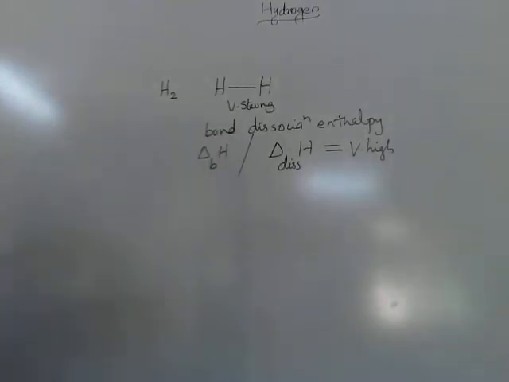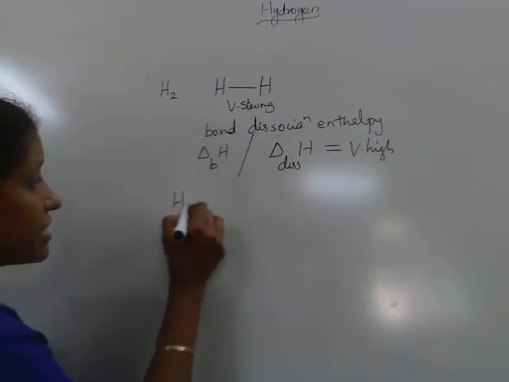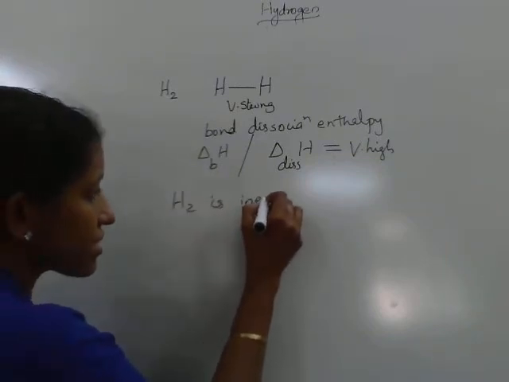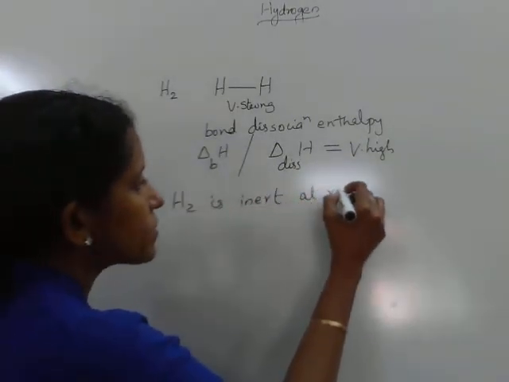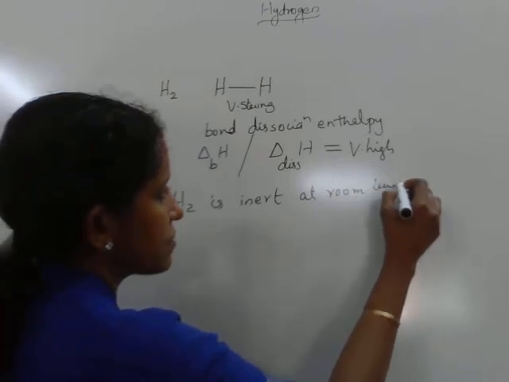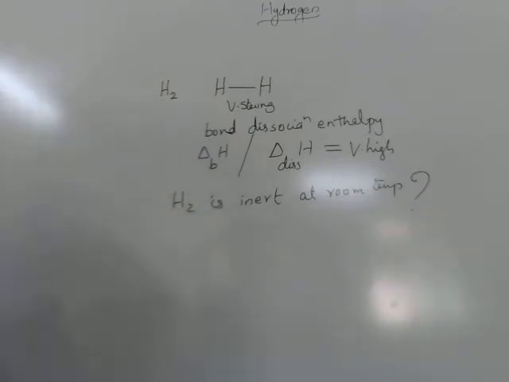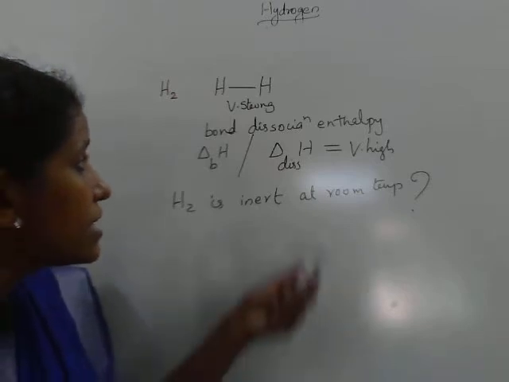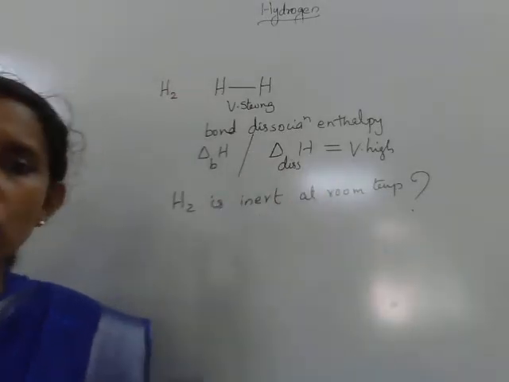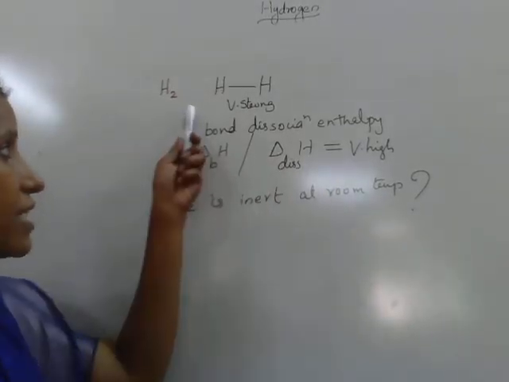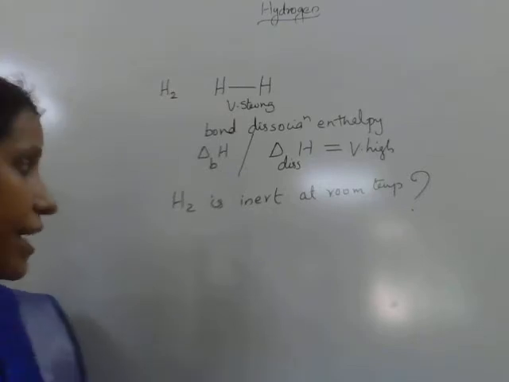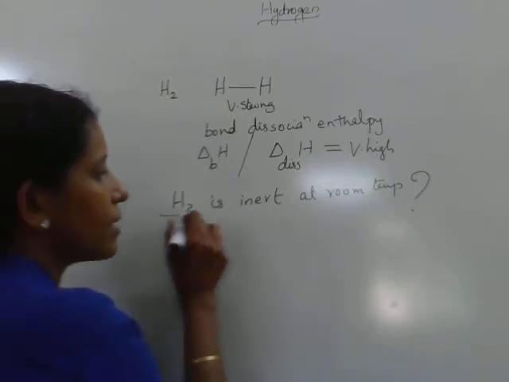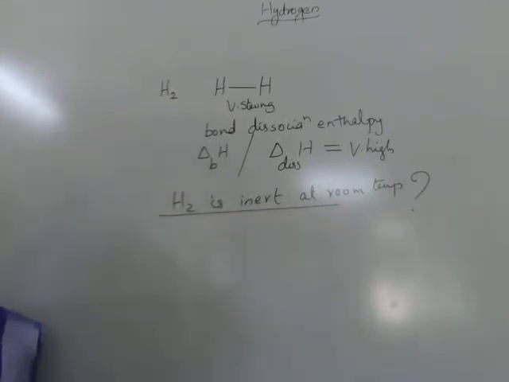Hence, dihydrogen is chemically inert at room temperature. Why? At room temperature, this much energy is not available to break the H-H single bond. Hence, dihydrogen is chemically inert.